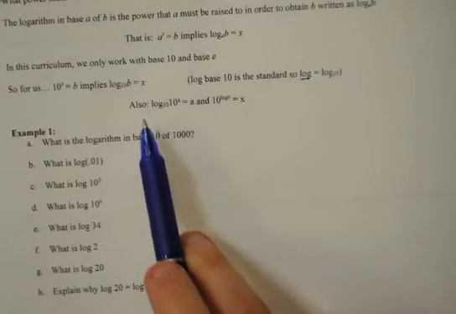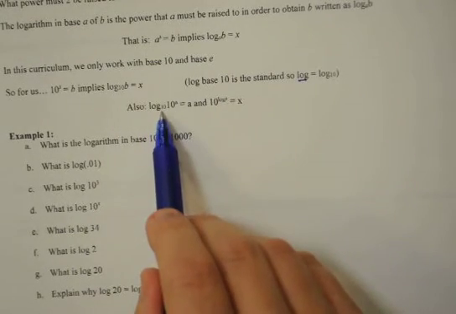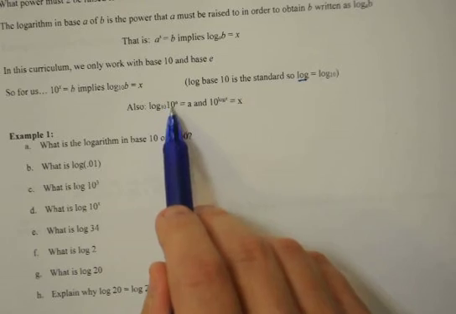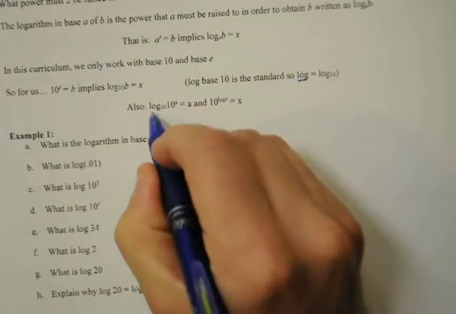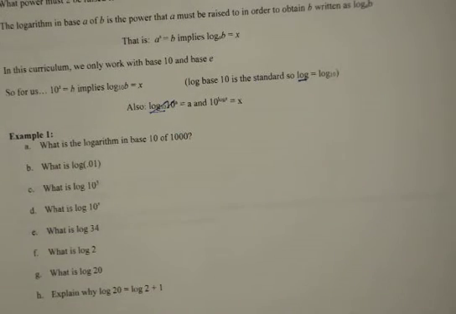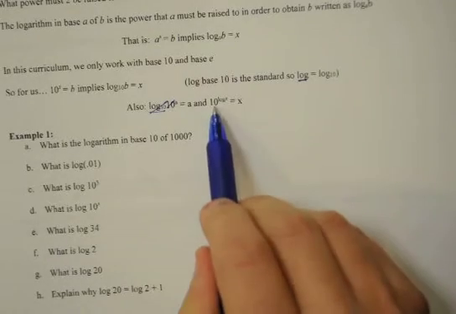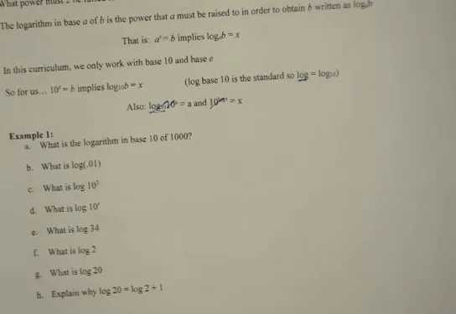Last little thing: if you have log base 10 and the base of something is 10, these cancel out. Similarly, 10 raised to a log also cancels out.